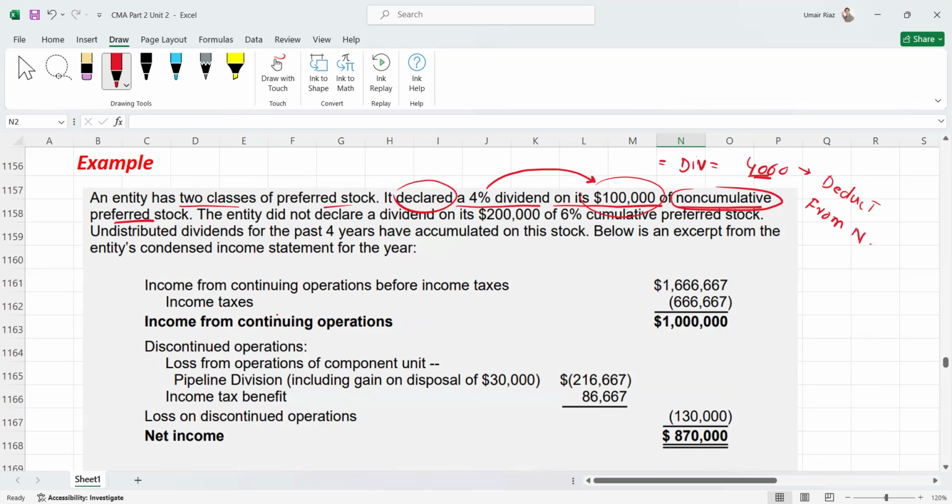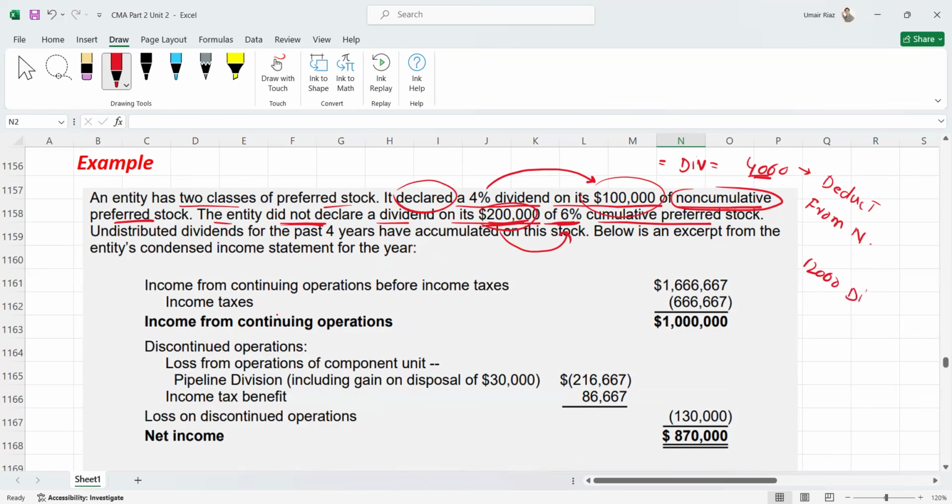Now we have here another thing. The entity did not declare a dividend on its $200,000 of 6% cumulative preferred stock. This 6% again is a percentage of dividend, and 200,000 is the total par value of the cumulative preferred stock. If I take 6% of that, it will be 12,000, right?